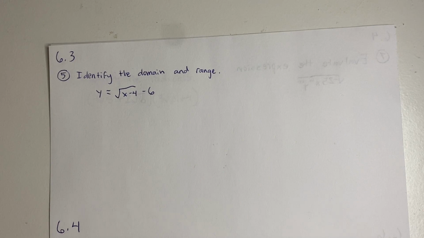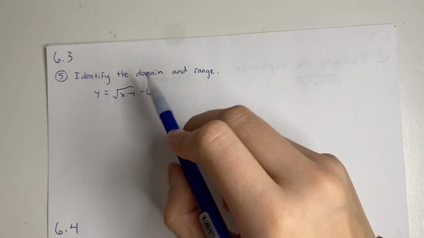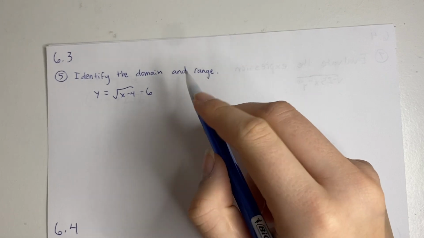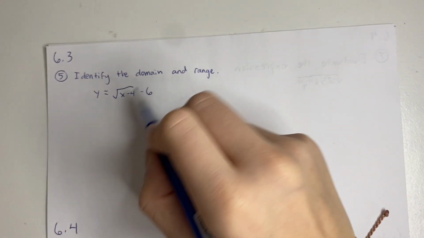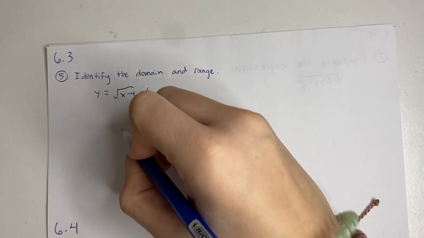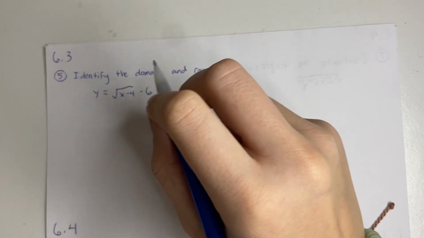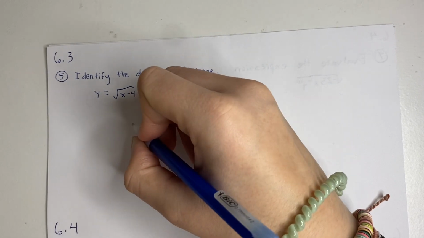Okay, our question for 6.3 is saying identify the domain and the range. So the domain is the x values and the range is the y values. So to find the domain of an equation like this, you set what's under the radical is greater than or equal to 0.